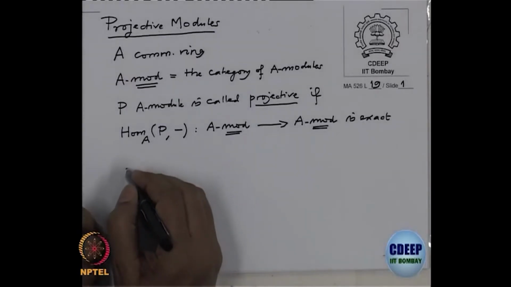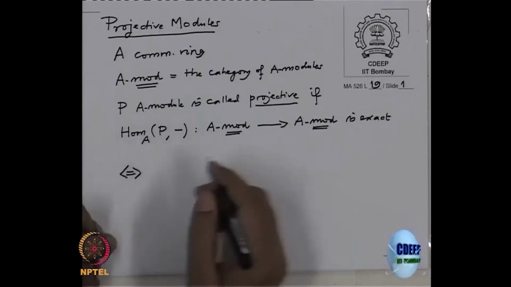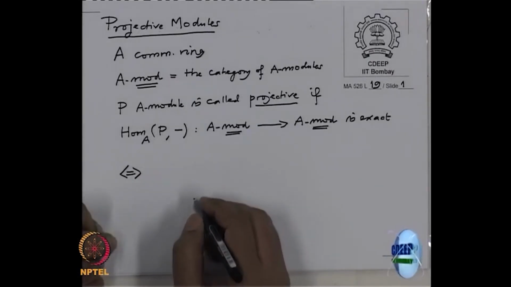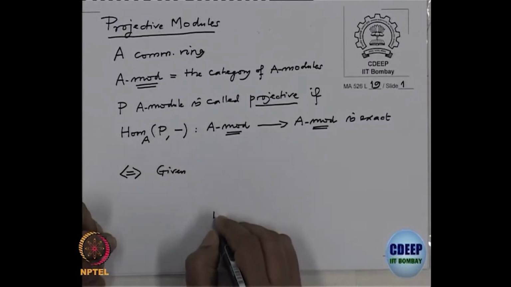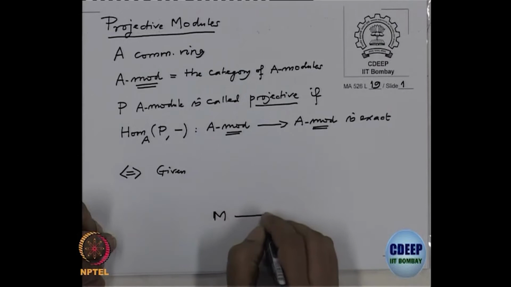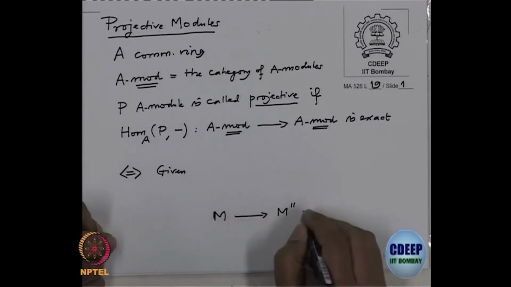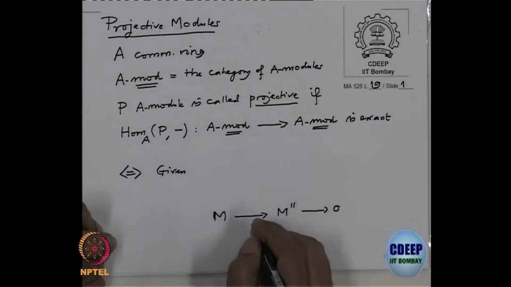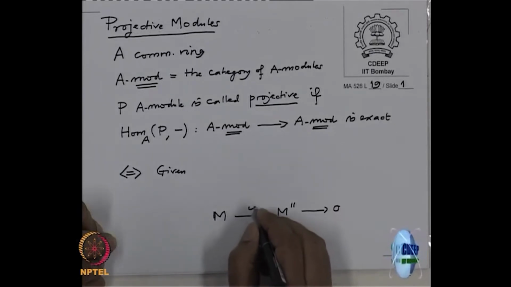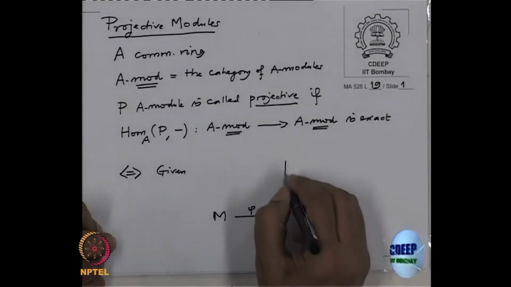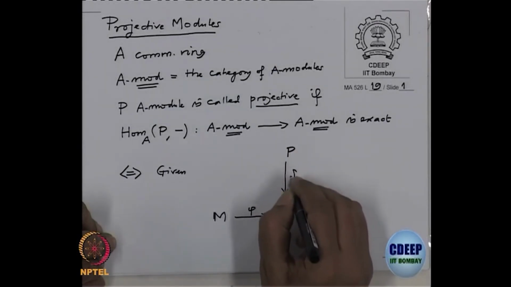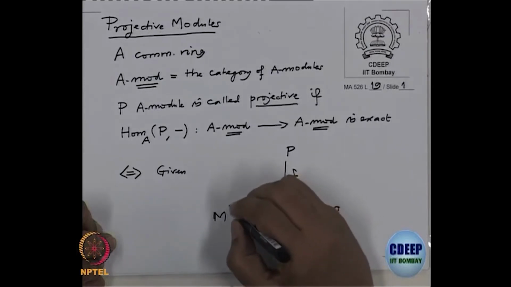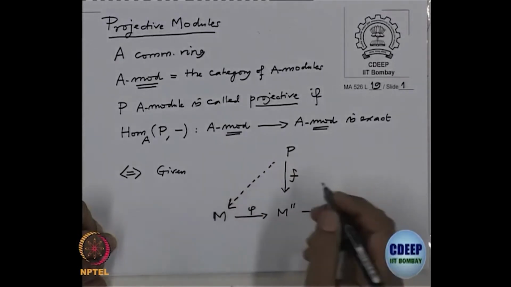So, this is equivalent to saying for every surjective map, given M to M'' to 0, this means surjective, this is phi, and given any A module homomorphism from P to M'', f, we should be able to lift it here, so that this diagram is commutative.